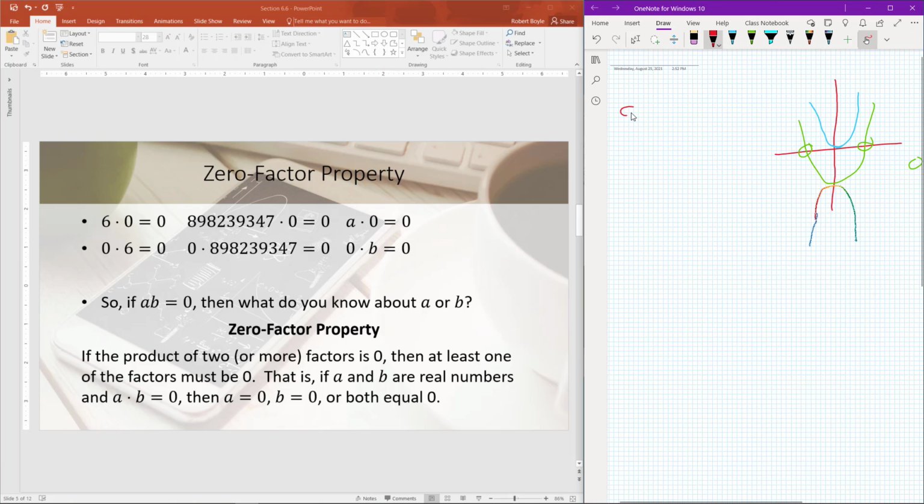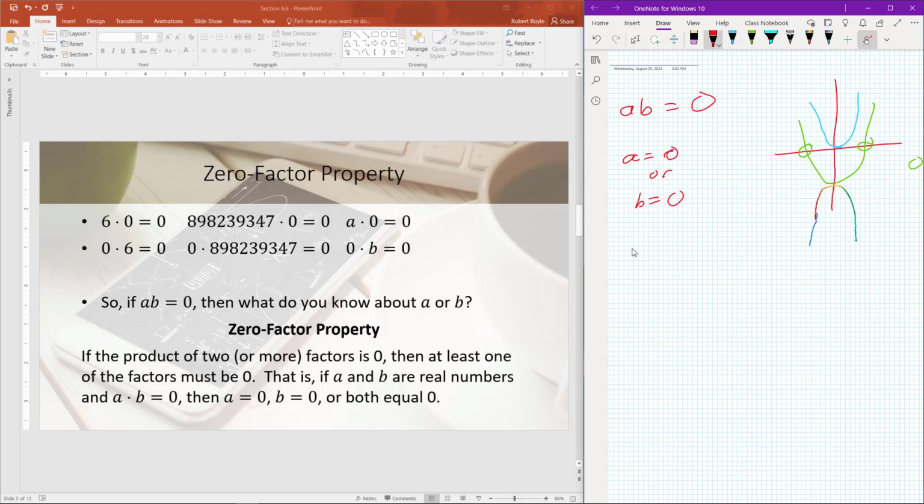So if I told you that the product of a and b was equal to 0, what could you tell me about a and b? Well, either a is 0, or b is 0. Or both could be 0. So for this product to be 0, one of these terms has to be 0.